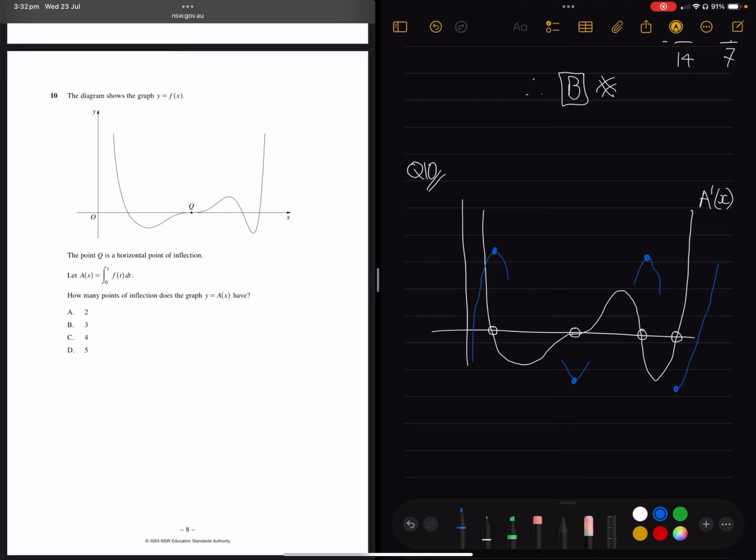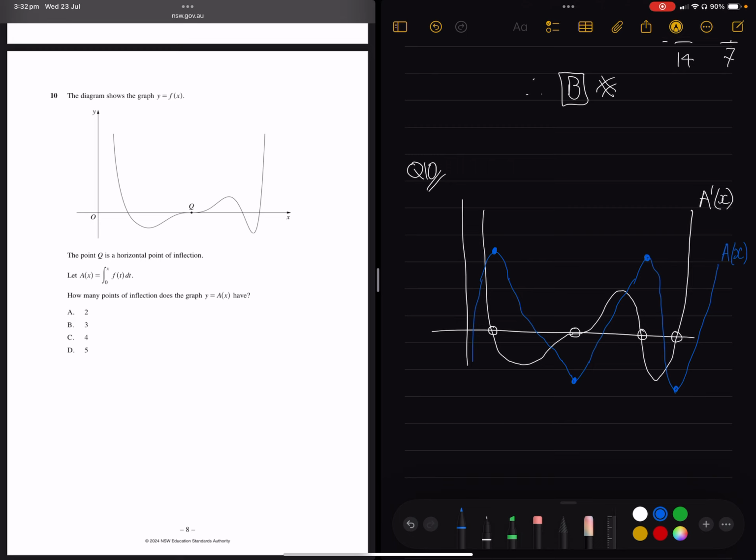It doesn't really matter what this minimum does, but we'll assume these sort of connect like so. If we think about these two functions, these have to connect sort of like this, and these have to connect sort of like this. Now, there may be inflections between these. So this is the function A of x.